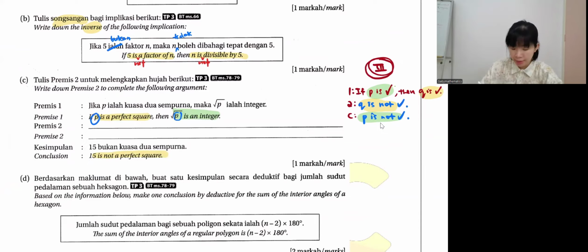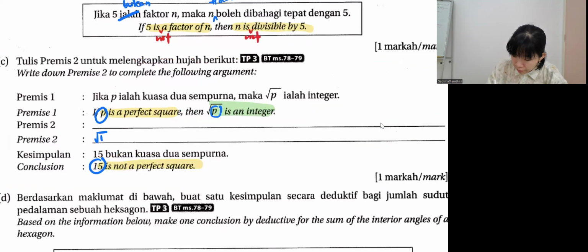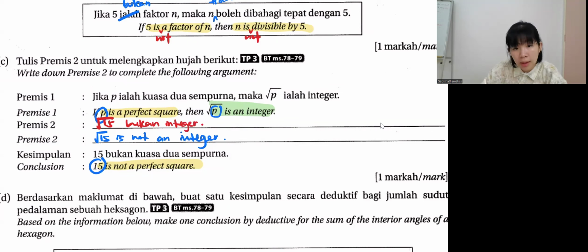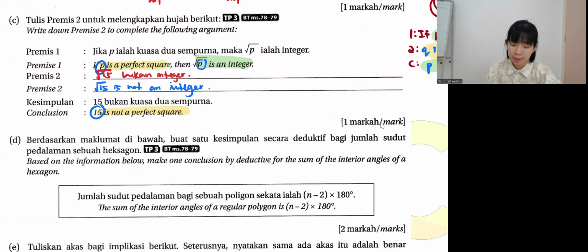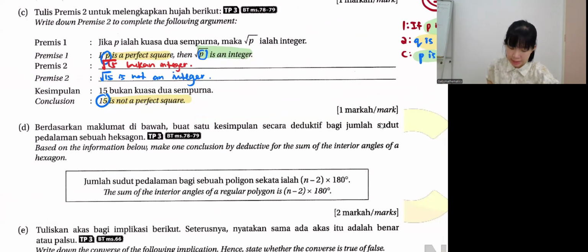Because the P, they already changed to 15. So meaning square root 15 is not an integer. Okay, square root 15 bukan integer. Yep, correct.